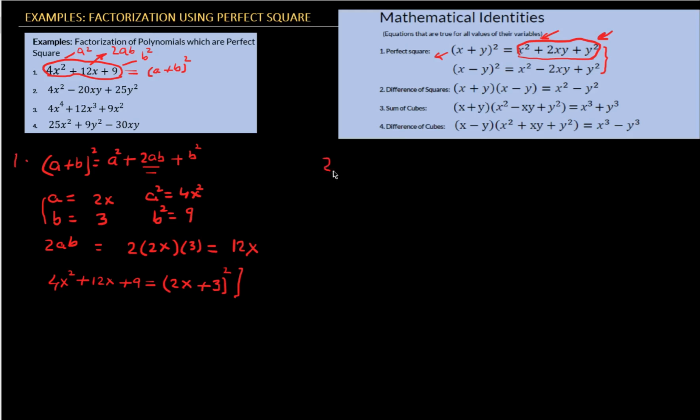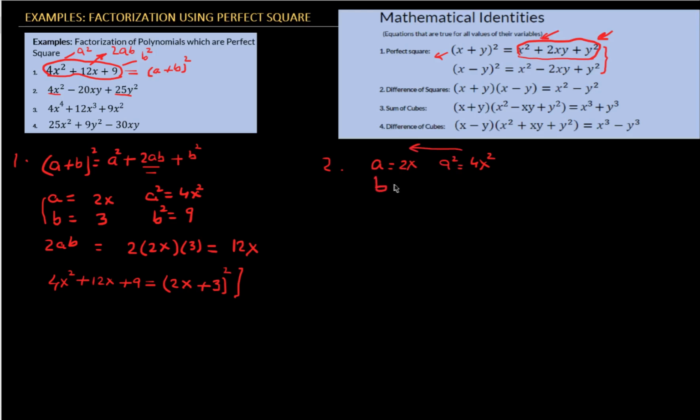Now example 2, 4x square minus 20xy plus 25y square. So this is a square term and this is a square term. So whose squares are these terms? 4x square is, again, we can say that a is equal to 2x, then a square will be 4x square.